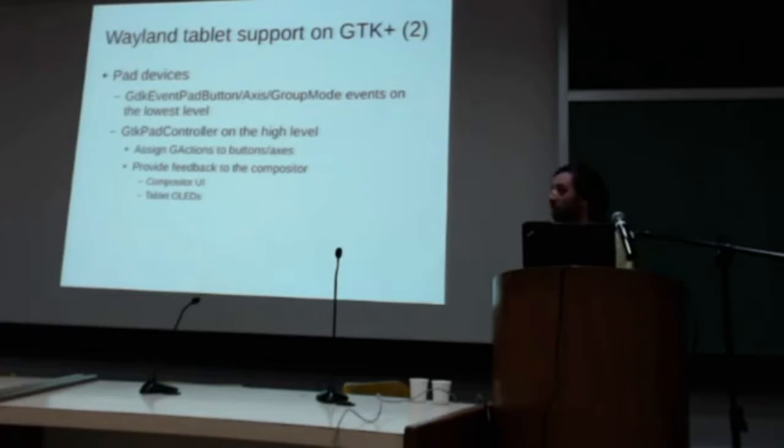But in GNOME, it's also used to actually change the UI in the tablets that support it. There are also tablets which have OLED screens besides the buttons, which can be updated from the computer. So you can actually show, as in zoom in, zoom out, invert selection and whatnot in the tablet itself.